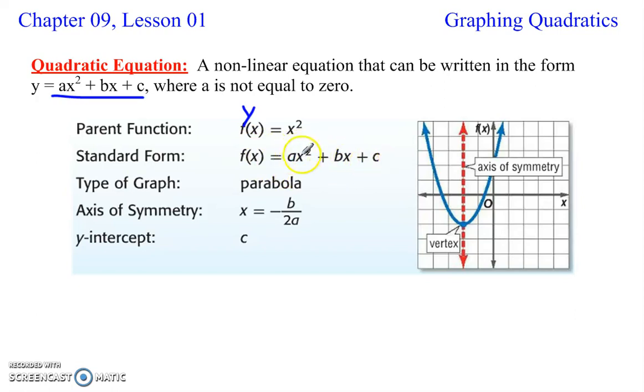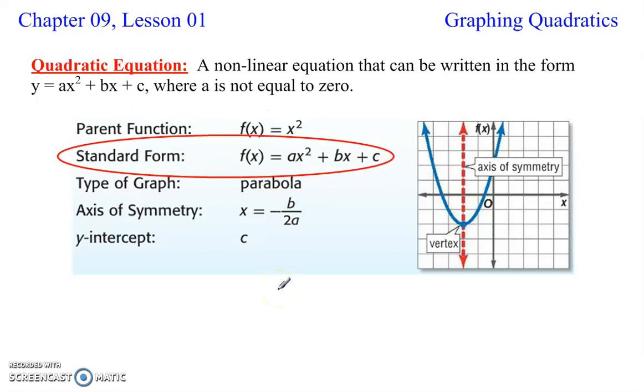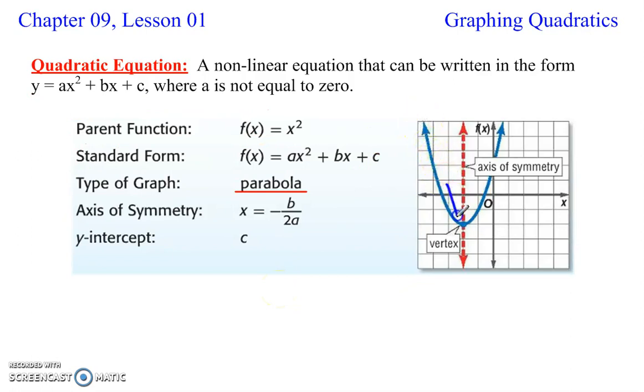So some number and x squared, some number and x, and then just a number by itself, a constant. The graph is a parabola. That's this form right here. And then the axis of symmetry, this right here.